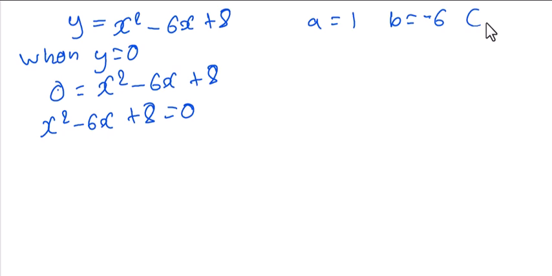We are now going to solve this using factorization. So we're going to find the product and the sum. Our product is 1 multiplied by 8, which is 8. Then our sum is negative 6.